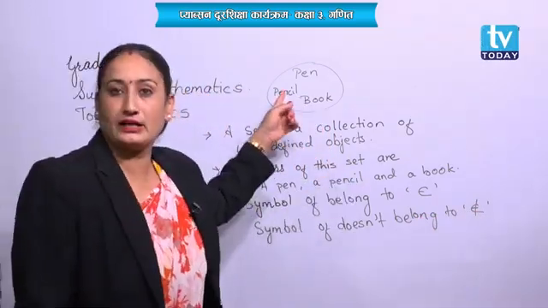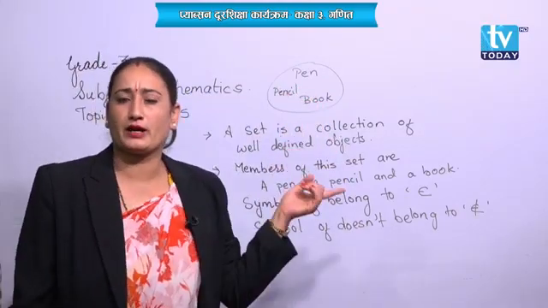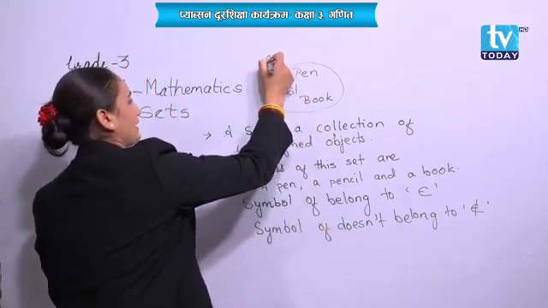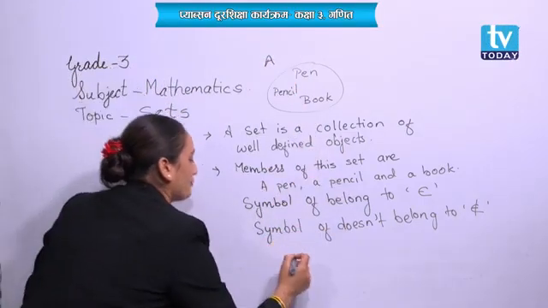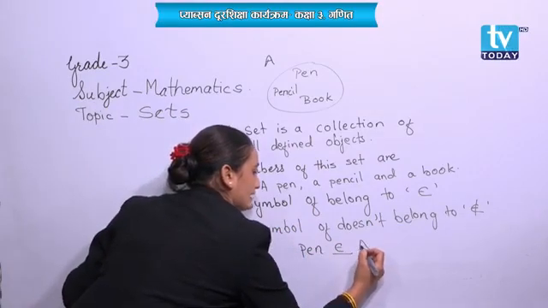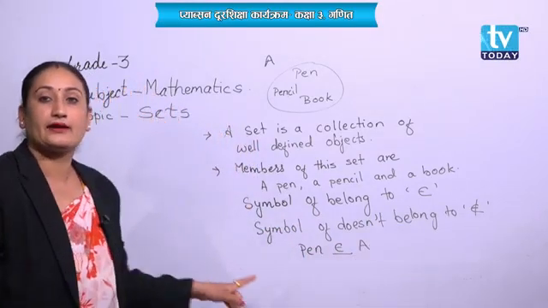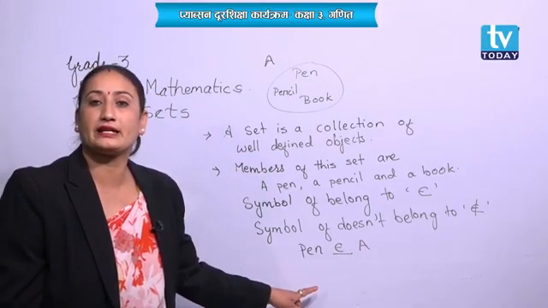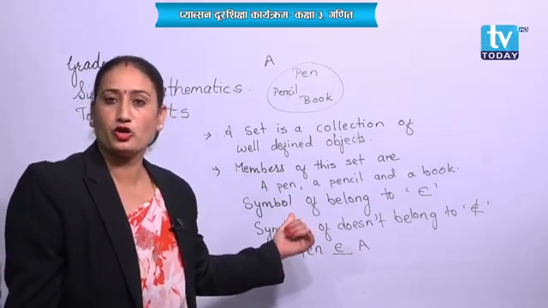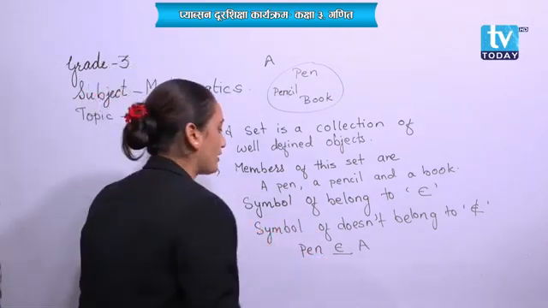Now, does a pen belong to that group or not? Obviously, we can give the set a name, A. So, we can write: pen belongs to set A. And I have already given you another example, that is what? Apple. Does apple belong to that group? No. So, how to write?